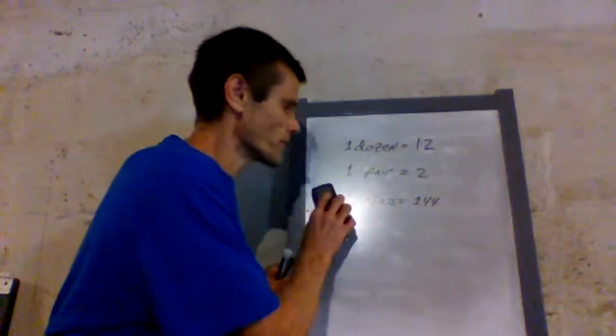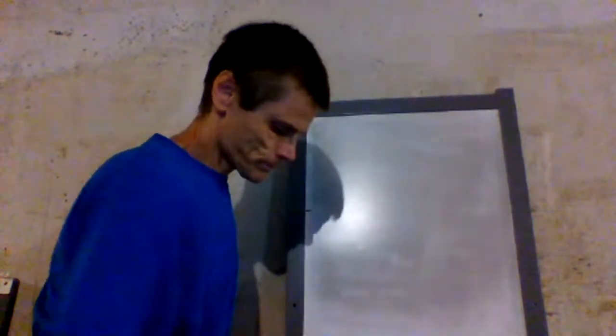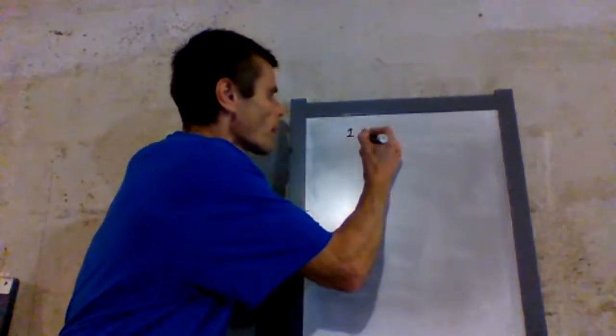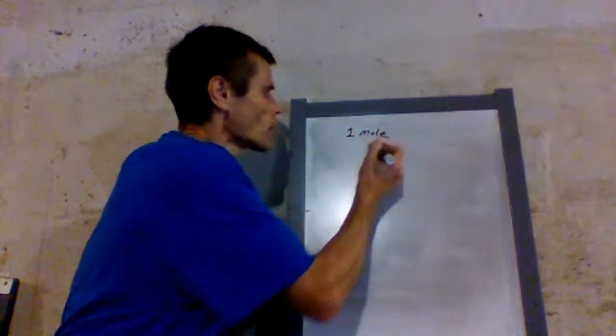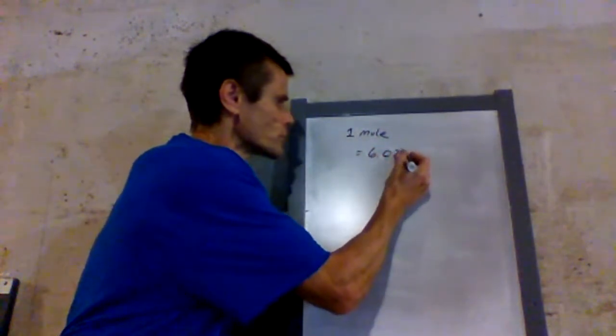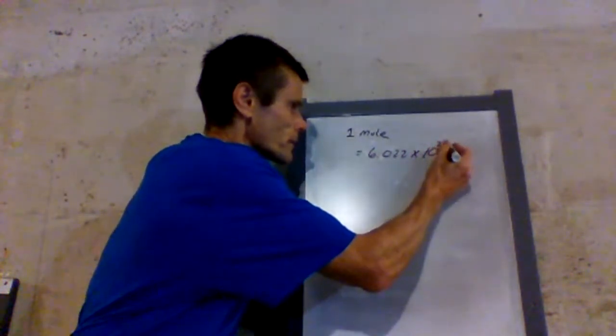Let's define the mole. It's a counting number such as we just described. 1 mole consists of 6.022 times 10 to the 23rd items.